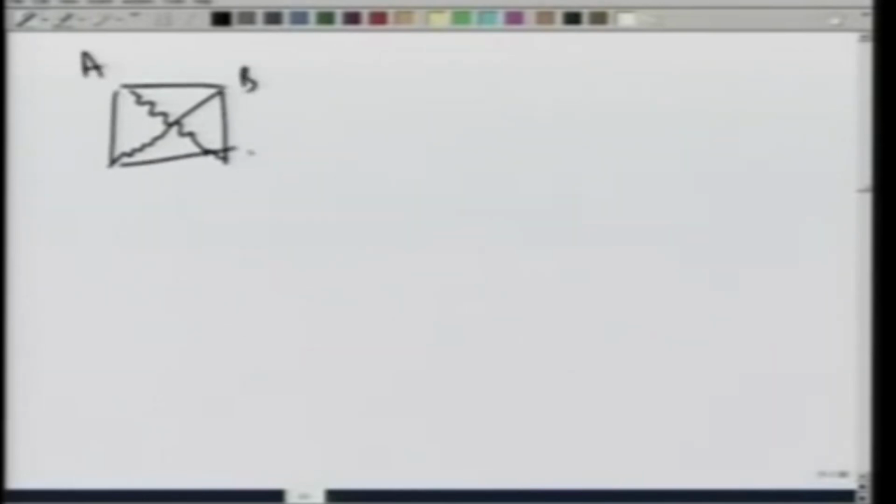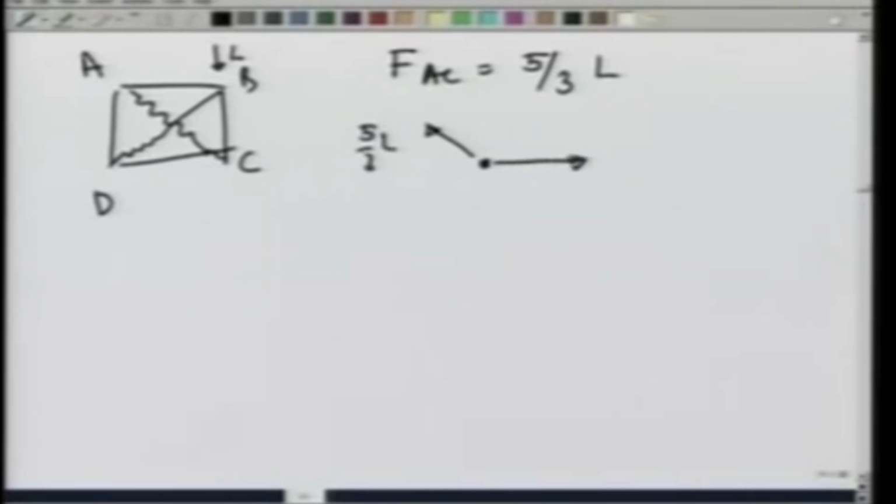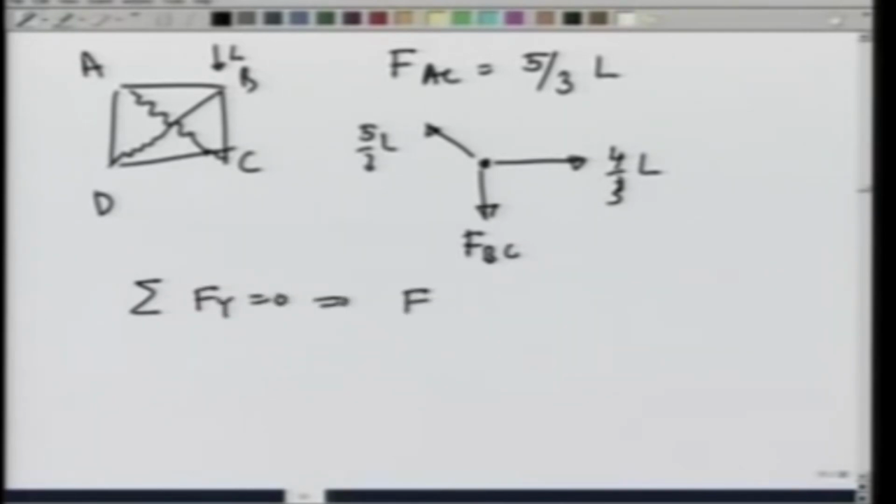A, B, C, D. We have found F_AC to be 5/3 the load. This is the load. At point C, this is 5/3 the load, this is 4/3 the load, and this force is F_BC. Summation Fy equal to 0 gives me F_BC equals 5/3 L times sine theta.